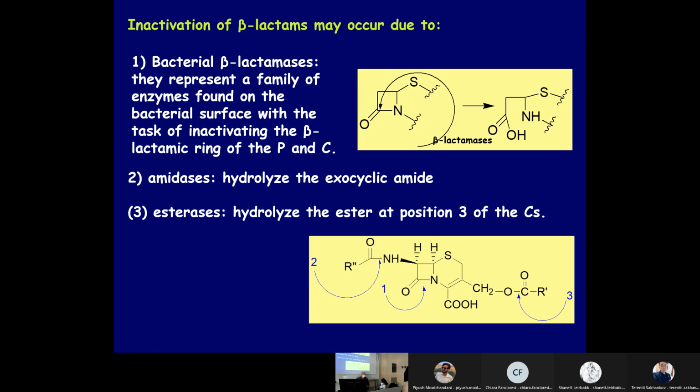These enzymes are characterized by a basic residue. This basic residue is able to attack the reactive carbonyl of the beta-lactam and to open this ring. The result is an inactivated penicillin.